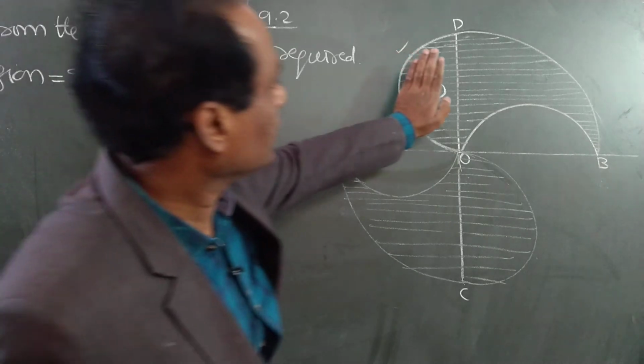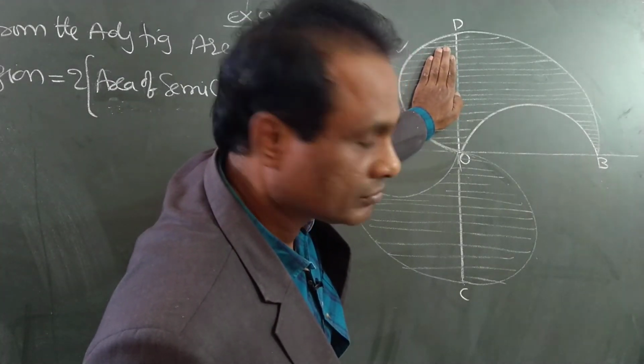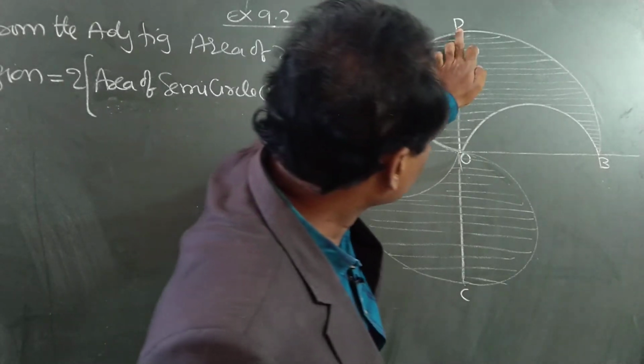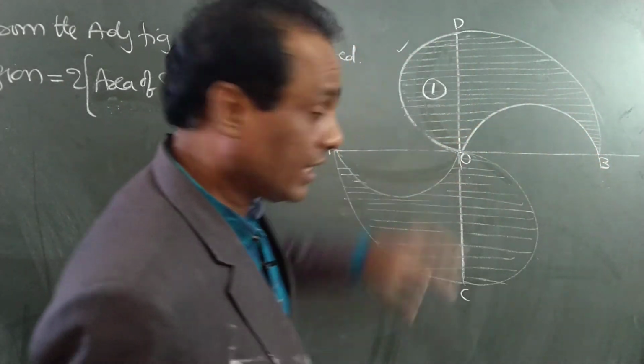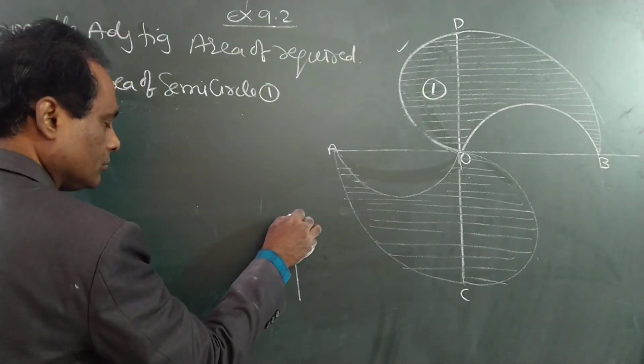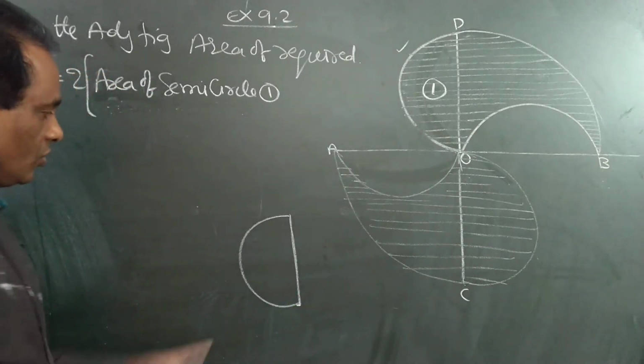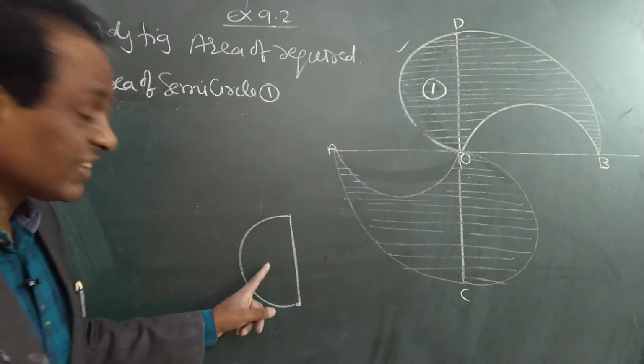This area we will get. What is this shape? I will explain this diagram separately. What is this diagram? Semicircle.